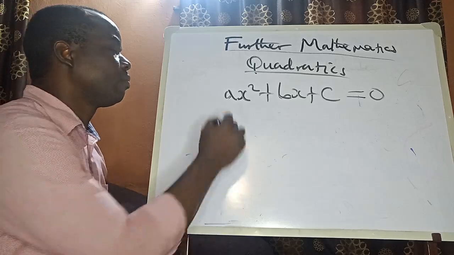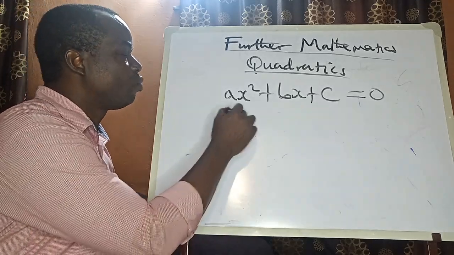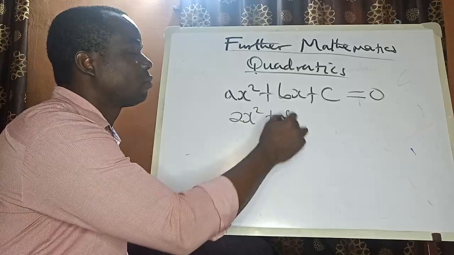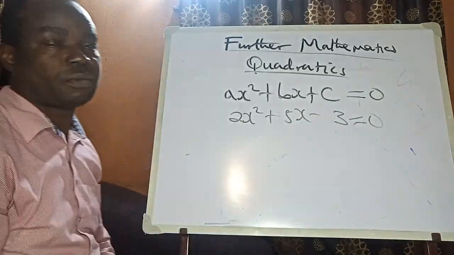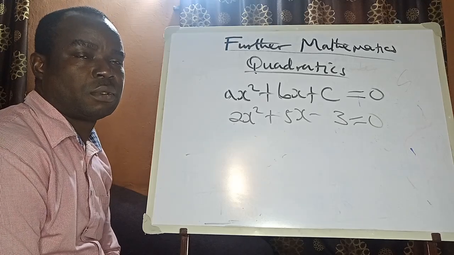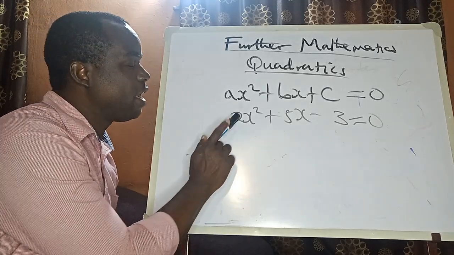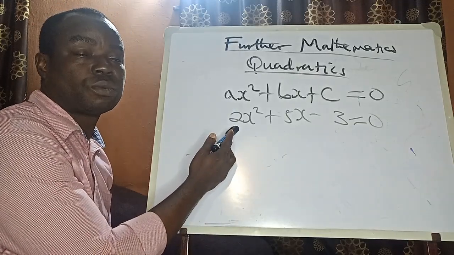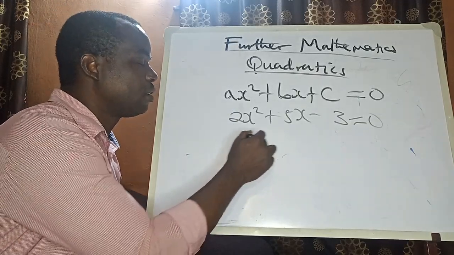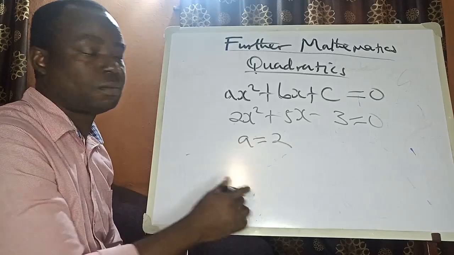Now, look at this. Let's assume we have 2x squared plus 5x minus 3 is equal to 0. If you look at this, you see that our a, the coefficient of x squared, is 2. That means that our a is 2. So jot that down.